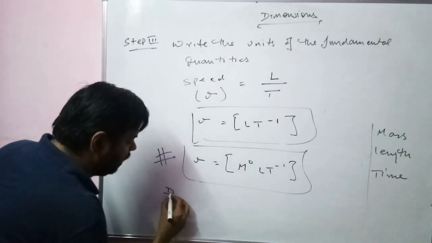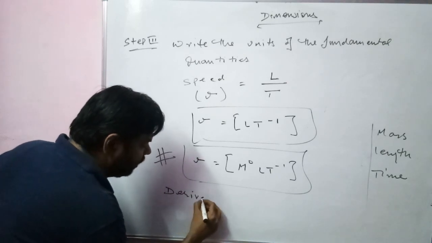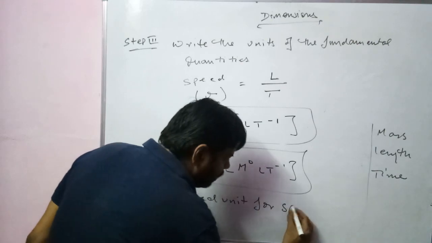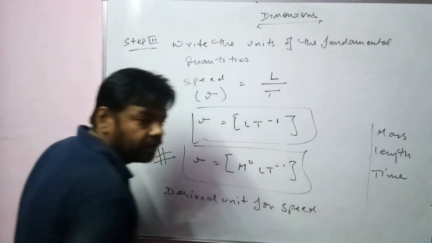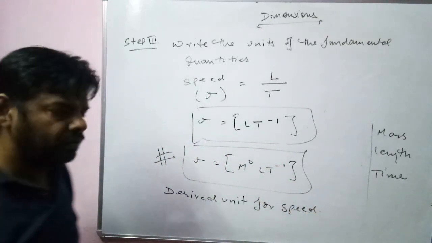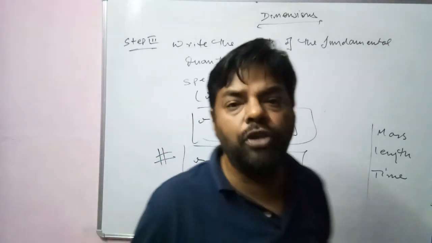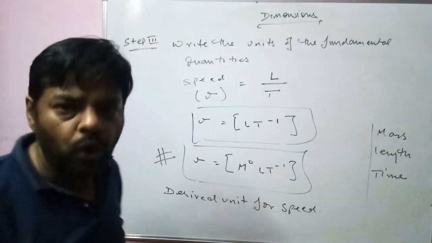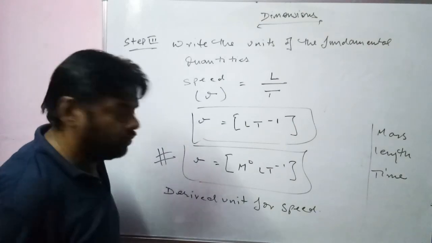So what we have written over here is the derived unit for speed. And since we have to read out this derived unit, how are we going to read it? I am just helping you.